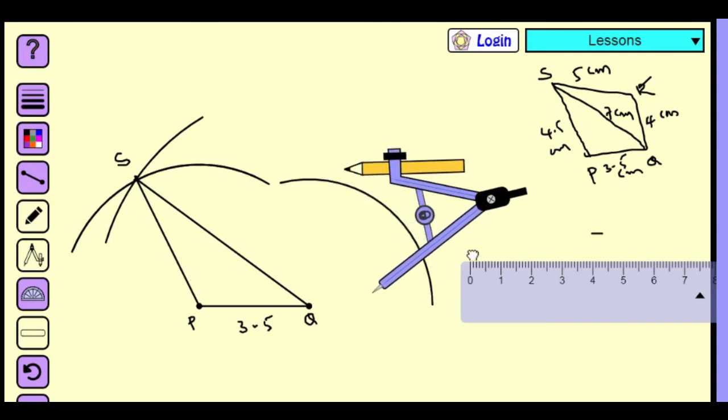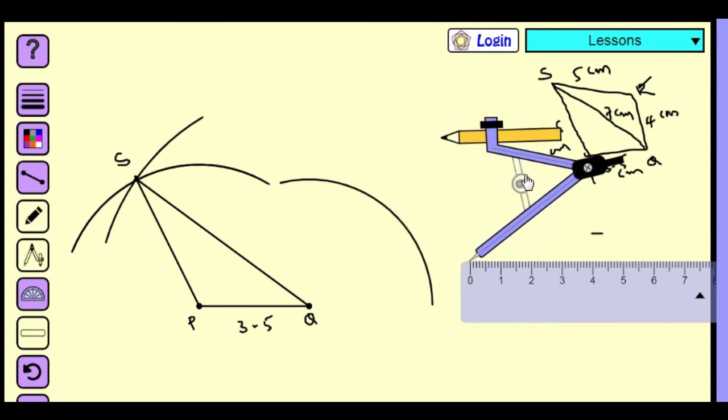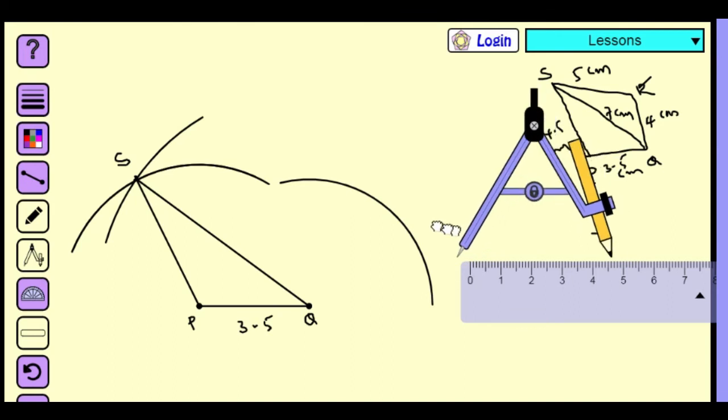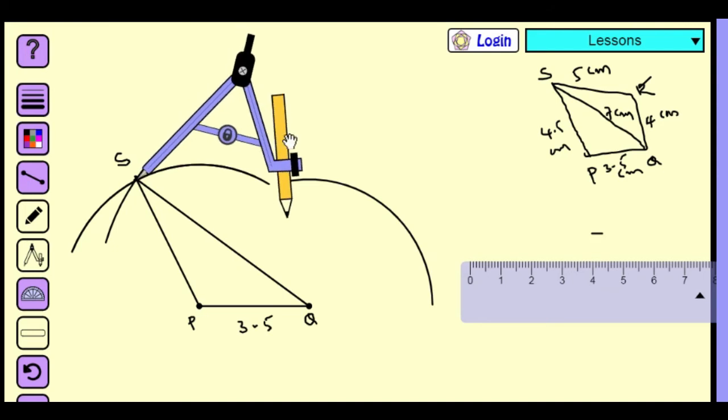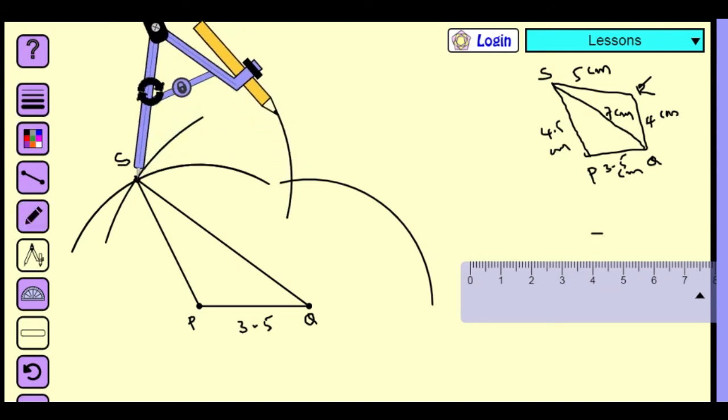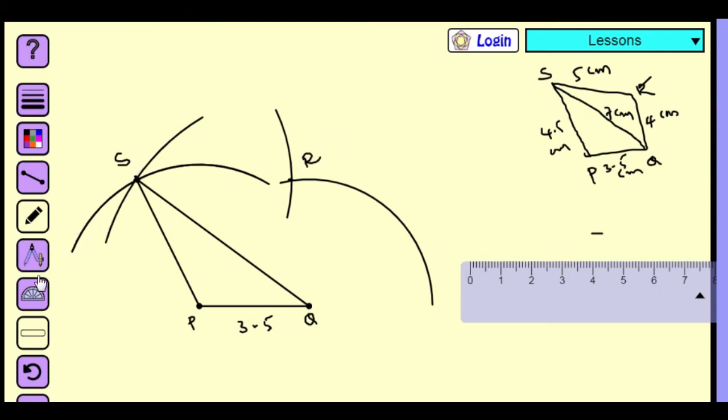Now take the compass radius as 5 centimeters. With S as the center and radius 5 centimeters, draw an arc which cuts the previous arc at point R. Now join S to R and R to S to get the required quadrilateral PQRS.